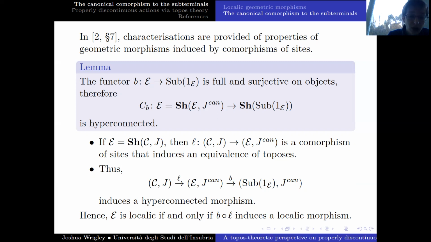And so we have that our topos E is localic if and only if this comorphism of sites induces a localic geometric morphism, which is also characterized in this denseness conditions paper.